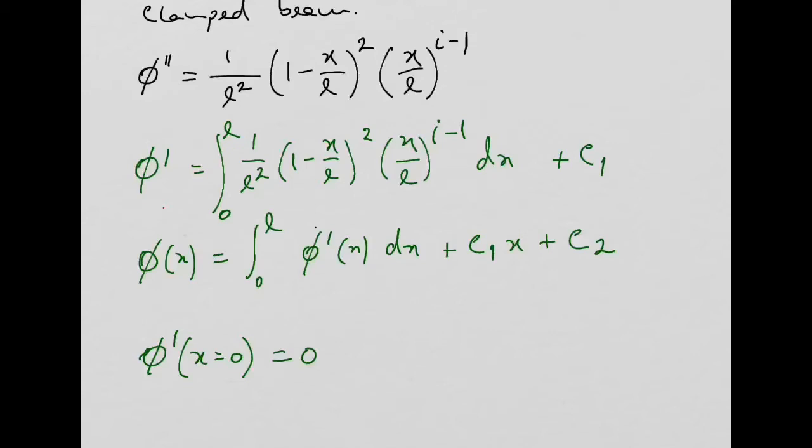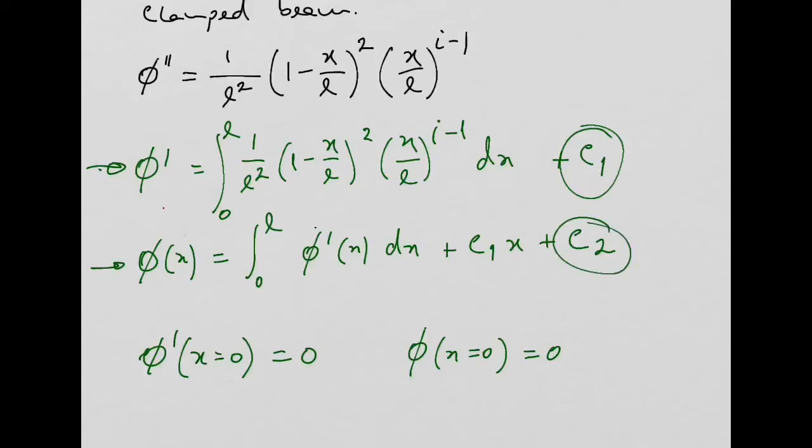So if you replace x by 0 in this equation after doing this integral, you should be able to calculate C1. The second boundary condition is that the shape function for x equal to 0 also needs to be equal to 0. It is clamped at that point, so the deflection there should be 0. And then, if you replace all the x by 0 in this equation, you should be able to get C2.